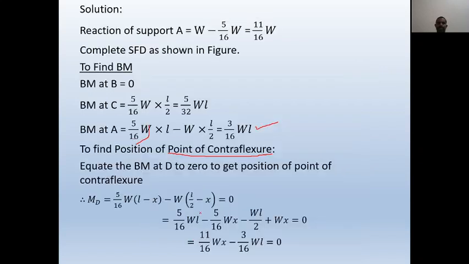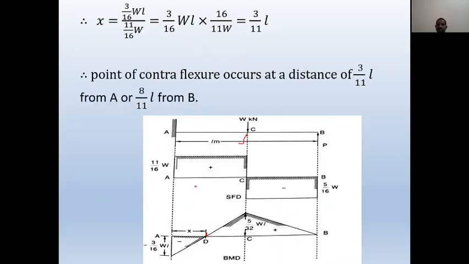So we are going to write the general equation for bending moment in terms of x, make it equal to 0, and thereby solve for x. We consider somewhere here a section where the bending moment is 0. Therefore let us say this particular distance is x from the right end.